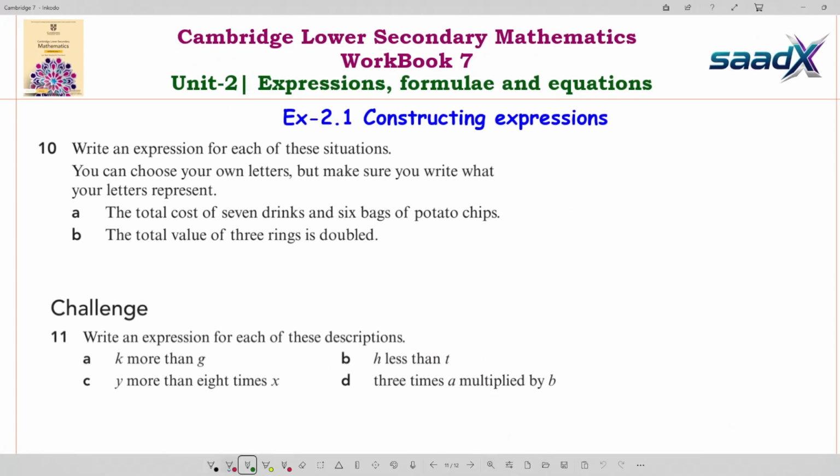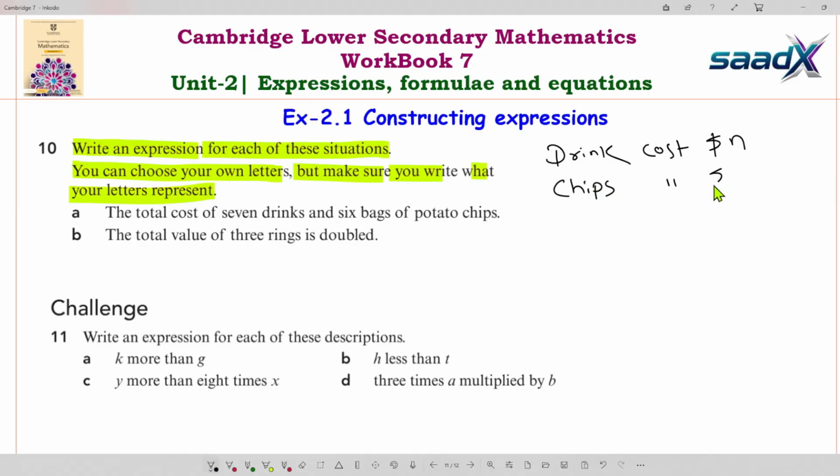Number 10. Write an expression for each of these situations. You can choose your own letters, but make sure you write what your letters represent. Let's say the drink cost is $N and potato chips cost $M.